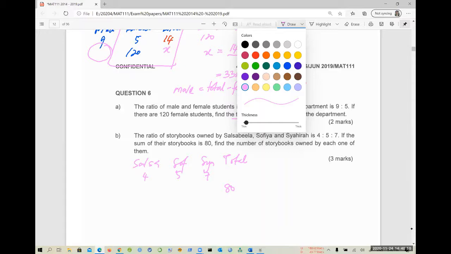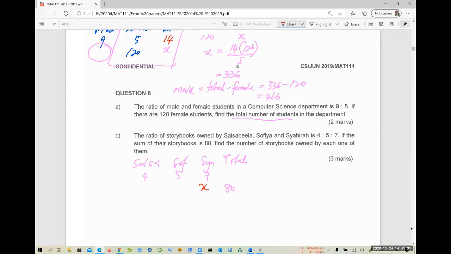Let's say we do one first. Suppose you're looking for Shahira first. Let me take this one as X. You know that 4 plus 5 plus 7, you get 16 over here, right? So you can use these two first to get the value for Shahira.